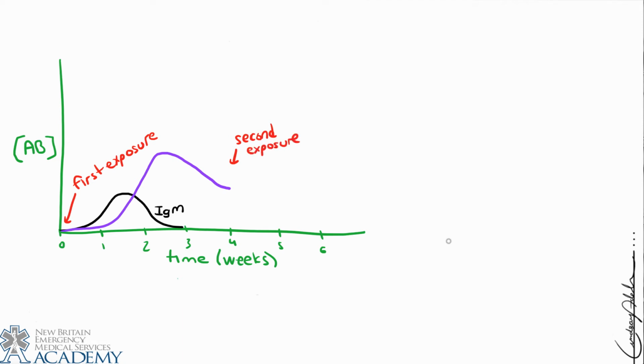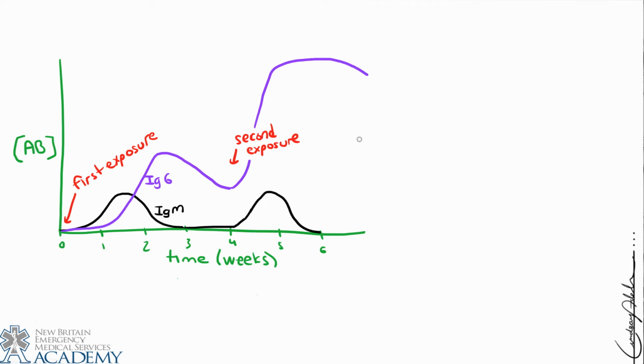But if you were to have the same illness again, and I'm not talking about having a cold and then having the cold again, because most likely you're experiencing a different form of the virus, maybe it mutated. But if it was the exact same antigen a second time, the response to the exposure is much more rapid and much more powerful, especially in the case of IgG.